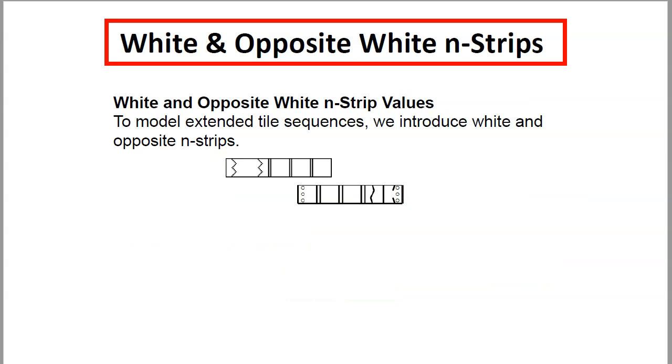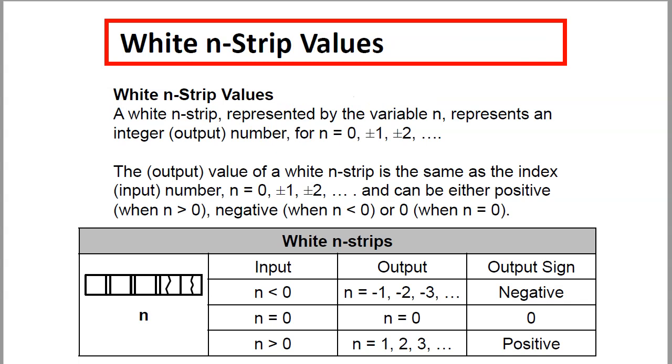So let's look at white and opposite white end strips. The white end strip value is n and matches the input. When n is positive as an input, n is positive as an output for the white end strip.